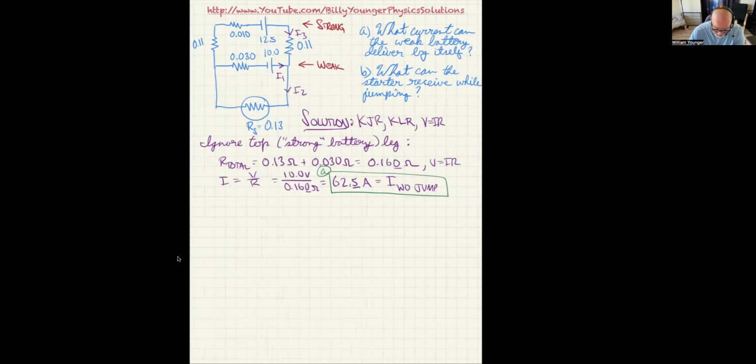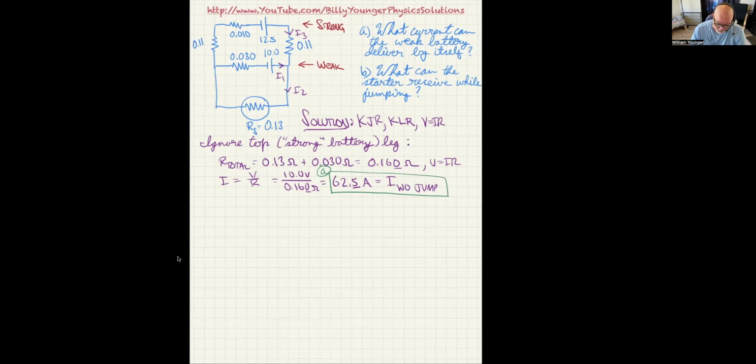When I do that, I get 10.0 volts divided by 0.160 should give me the current, and that current turns out to be 62.5 amps. Notice how we had 3 sig figs divided by 2 sig figs, so that only allows us 2 sig figs. So we're only getting about 63 amps here.